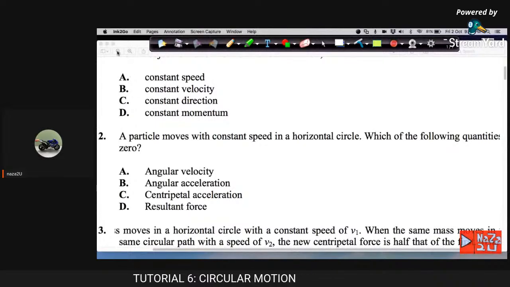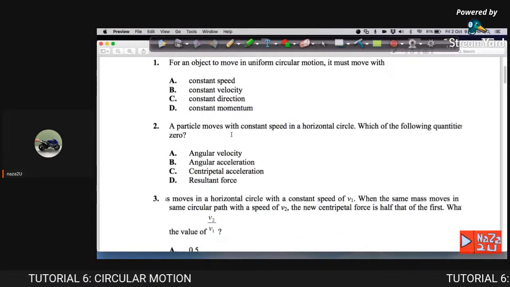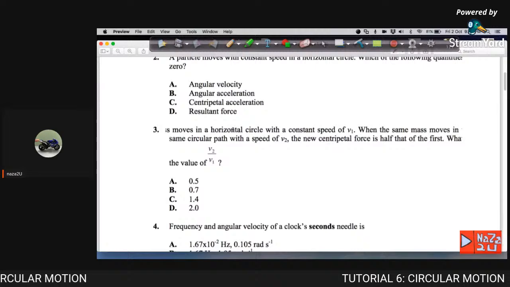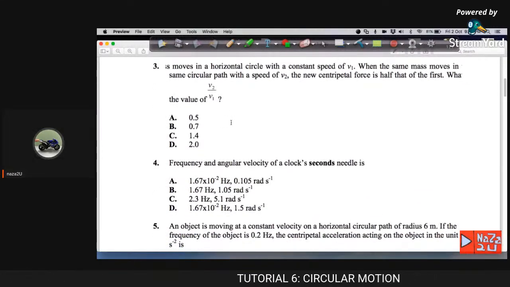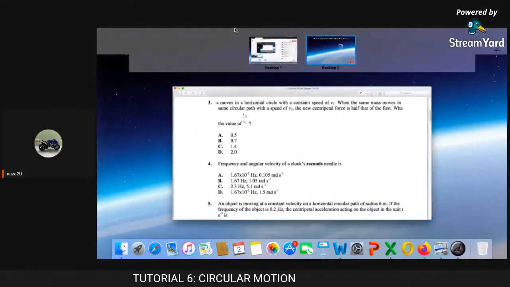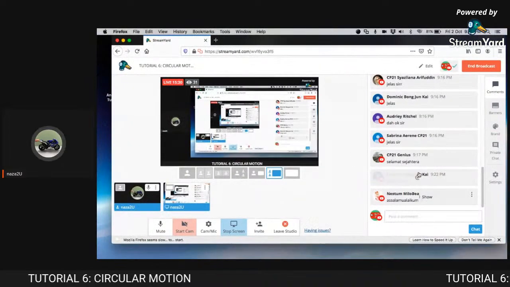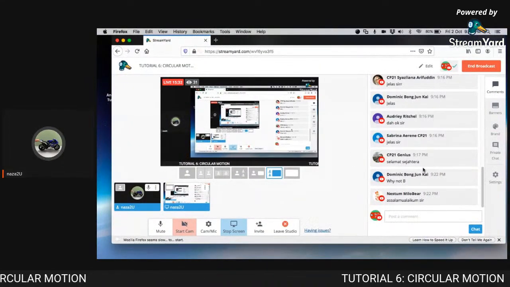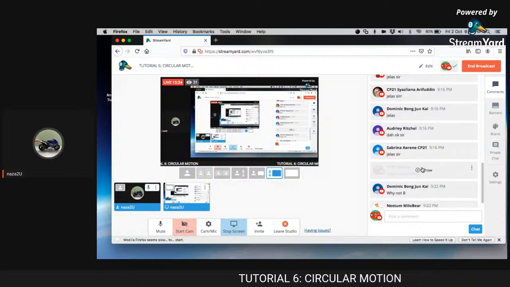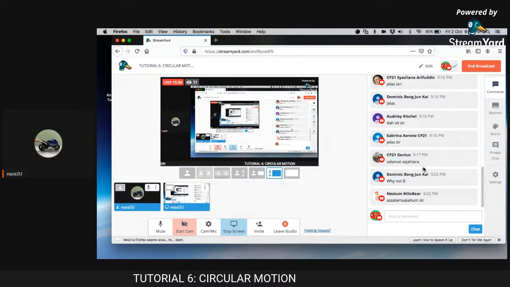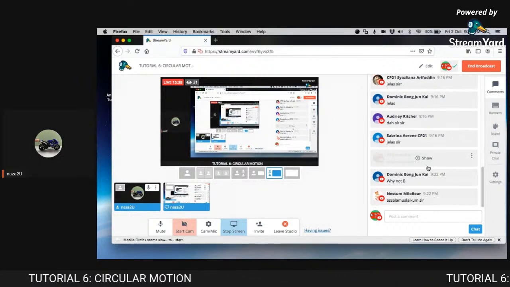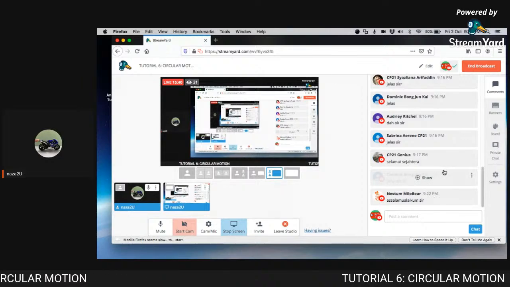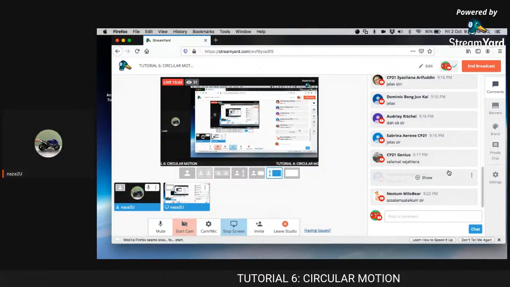Okay, saya kecilkan sedikit kat sini ya. Question number 3. Saya harap kalau ada soalan atau apa-apa pertanyaan boleh tanya dekat ruangan chat tu ya.